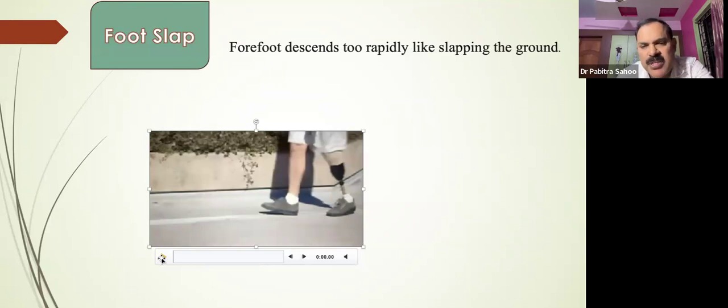The patient uses a quick trick movement, plantar flexion, to stabilize the knee in extension. That is done by the patient with a trick movement at the stump level. He tries to drop the foot quickly. As soon as the foot drops quickly, the CG will come in front of the knee and stabilize the knee. So foot slap is an indicator of this deficiency, like an excessively soft heel, or a problem with the trick movement adopted by the patient to stabilize the knee.